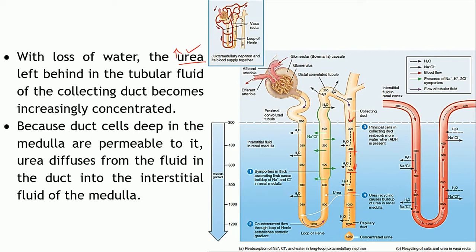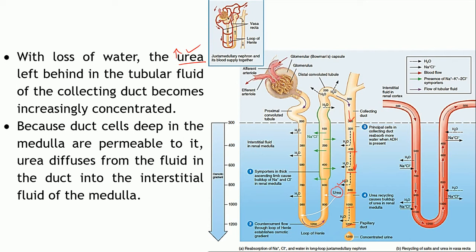But in the deeper layers of the medulla, these later parts of the collecting ducts are permeable to urea. The starting part is impermeable, but the later part is permeable to urea. So what will happen?